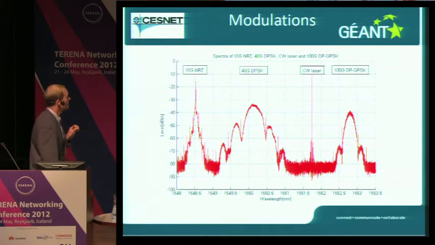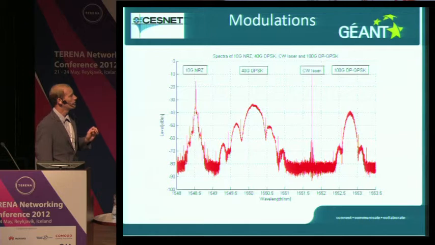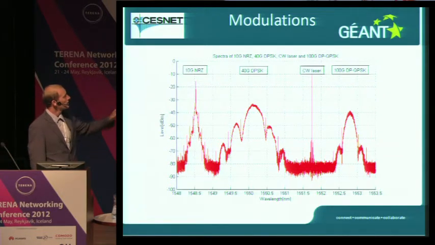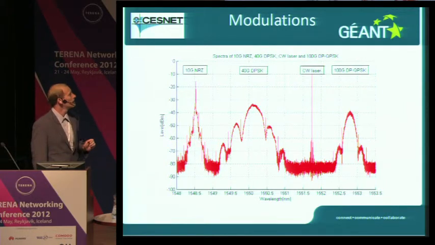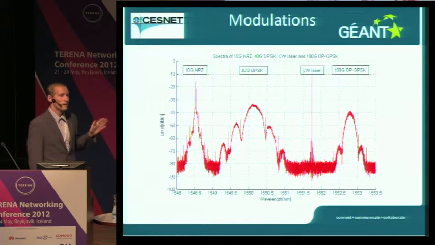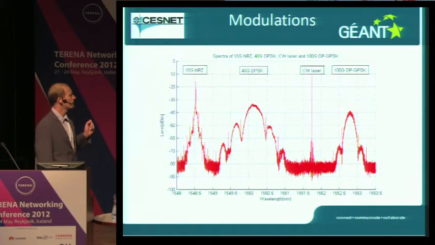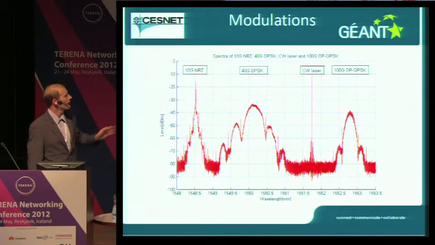Here I tried to give you a brief overview of some modulations on the optical spectrum. The thin one, second from the right side, is a simple continuous wave laser that has a line width smaller than the resolution of the optical spectrum analyzer, so you can see just one line.